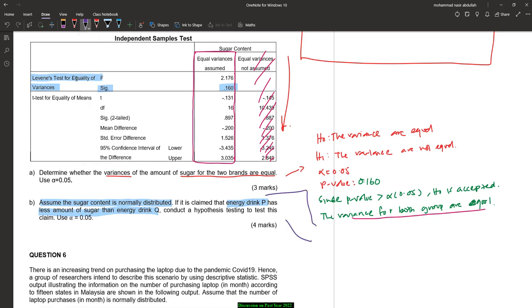The null hypothesis: mu P is equal to mu Q. The alternative hypothesis: mu P is less than mu Q. Another way, the standardized one: mu P minus mu Q equal to 0.